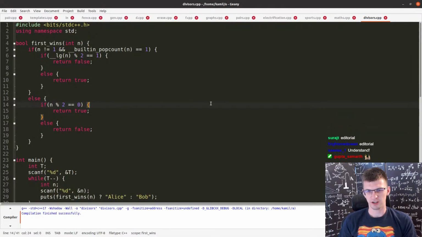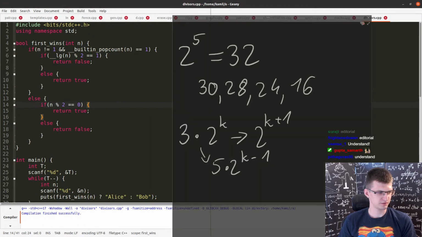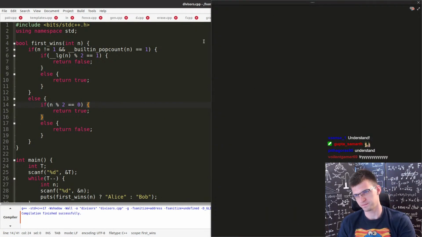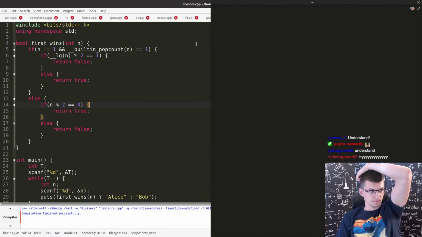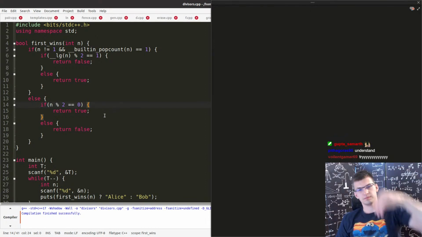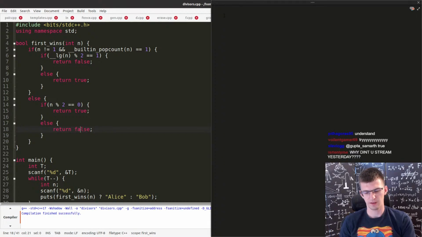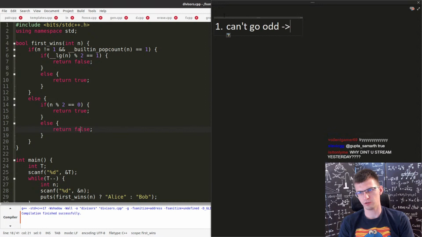So, why does this work? Assuming that odd states are like this, there are a few things we need to say. We need to say you can't go from odd to odd, because otherwise one odd would make another one losing.